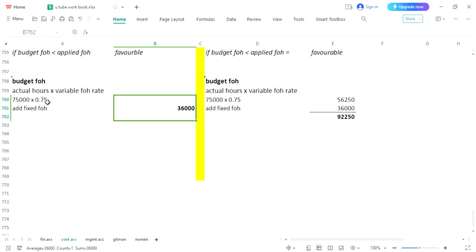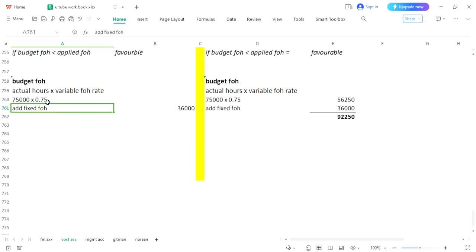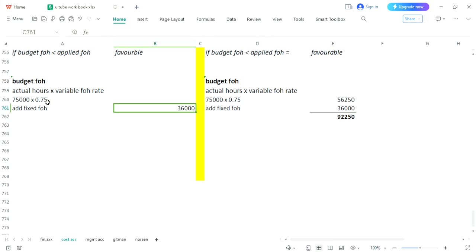So as you can see, we were having 72,000 hours, we were having 90 hours, and we were having 75,000 hours. For every hour, your fixed FH was similar. You can see fixed FH for expected capacity 36,000, fixed FH for normal capacity 36,000, and fixed FH for actual capacity is also 36,000.